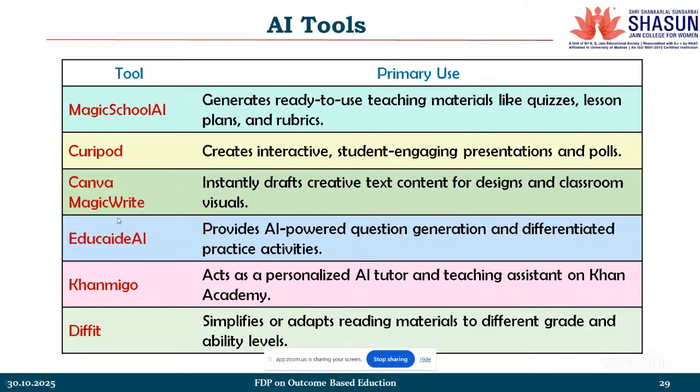And then we have this Canva Magic. Canva is something everybody is already familiar with. It is used to design your posters, presentations, booklets or newsletters. For designing, we use Canva. So we have one more thing, Canva Magic. It instantly drafts your content. Whatever topic I give, it will create particular content.